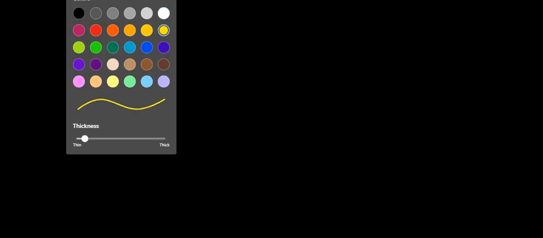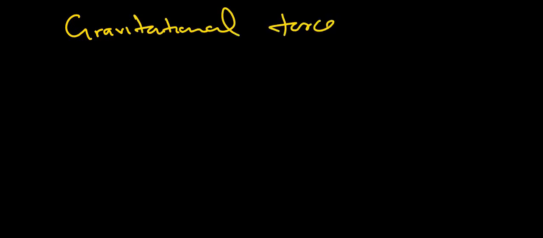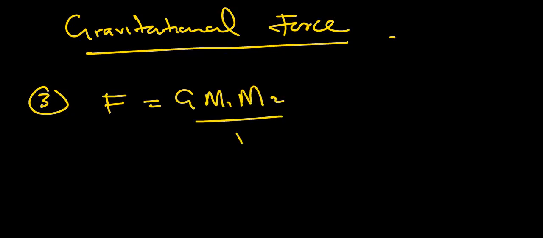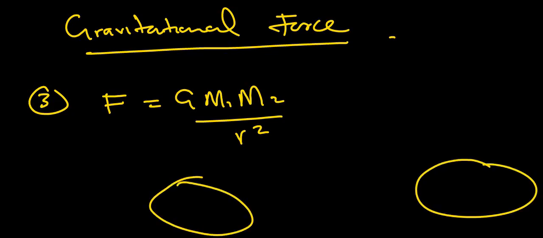The next thing that I'm going to add on is gravitational force between two particular objects. The third equation that I'm going to give you is F equals G m1 m2 over r squared. If you put two objects close to each other, there's always going to be some form of attraction between them.